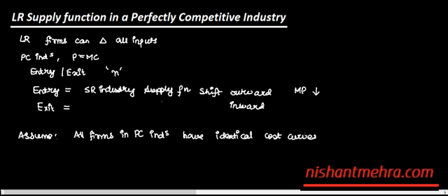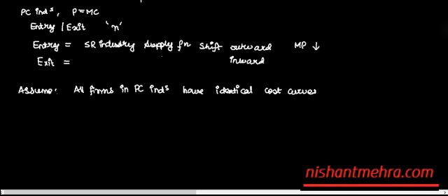And because all firms are identical, the equilibrium position requires that each firm earns exactly zero economic profits in the long run, right? And this will happen when price is equal to the average cost. Okay.